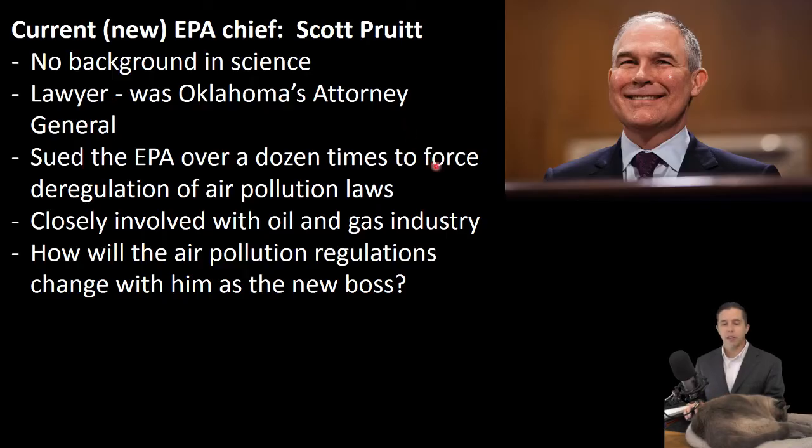So his big thing is he would like the EPA to go away. He was suing to get rid of these air pollution laws, and now he's in charge of it, right? This is a classic political move. If your political party doesn't like a certain agency, you take someone who hates that agency and put them in charge of it. Okay, so this is not new. This kind of thing has been going on a long time.